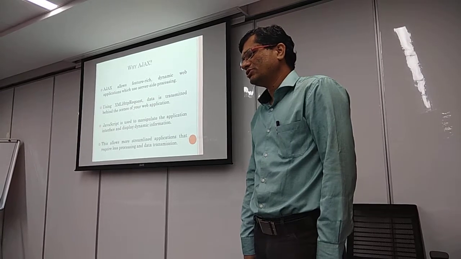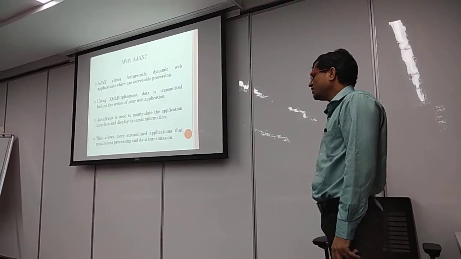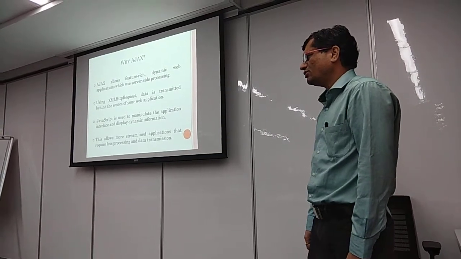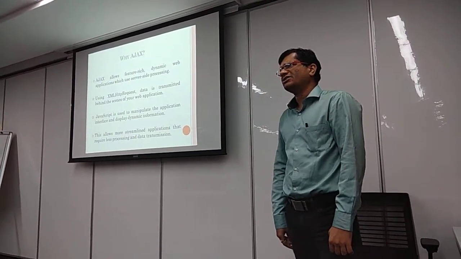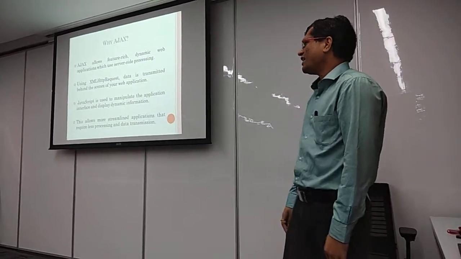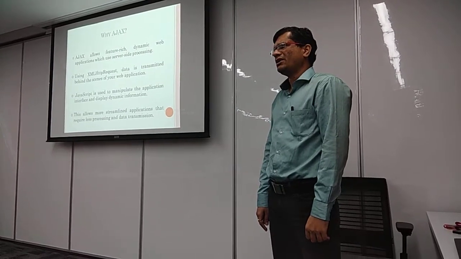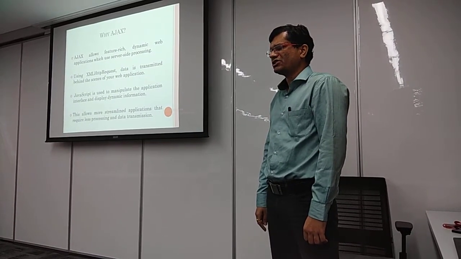Sometimes a specific window appears on the page and disappears. Those things are designed in AJAX. Actually it is useful. Why AJAX? Because it is useful to design very dynamic and rich internet applications.